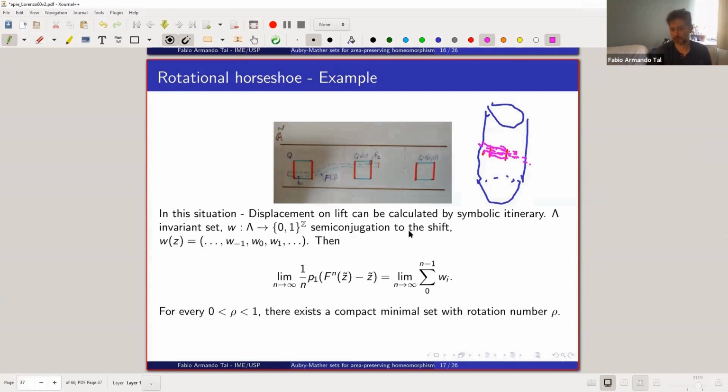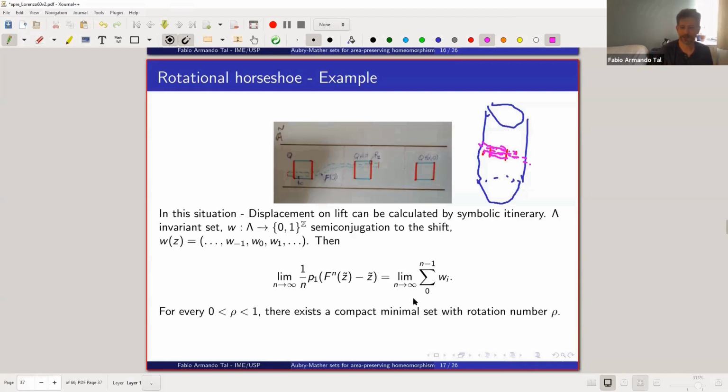It's not difficult to see that you can have minimal sets which don't have a prescribed rotation number, because you can have a minimal sequence whose orbit closure is minimal and doesn't have a well-defined frequency of zeros and ones. Rotation is translated into frequencies of zeros and ones.